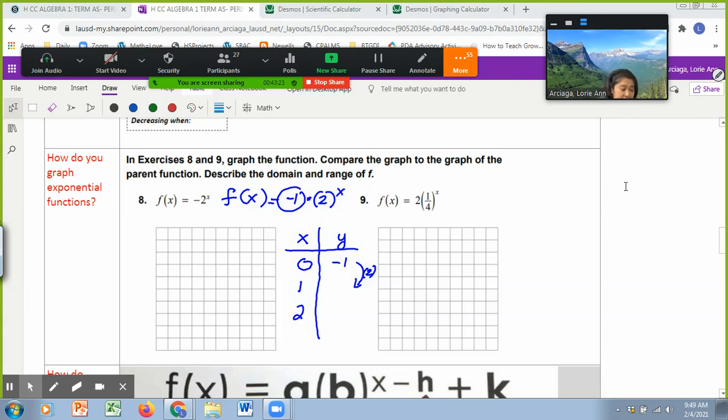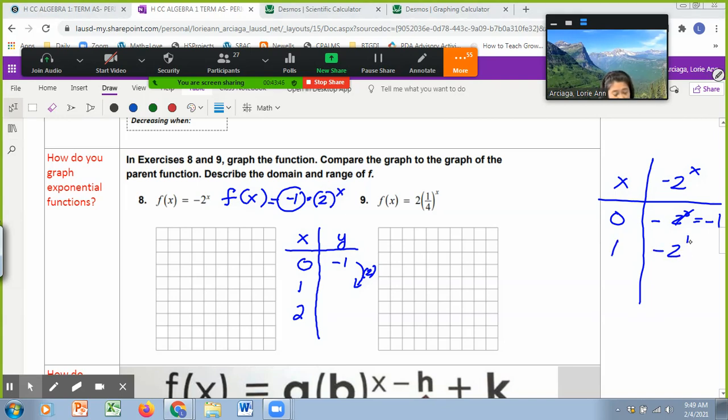Now, guys, don't get me wrong. If the conceptual way of doing it is confusing you, there's always another way to do it. Like if x is 0, I go -2^0, which is 1, times negative, that's -1. And then I do it again: -2^1.